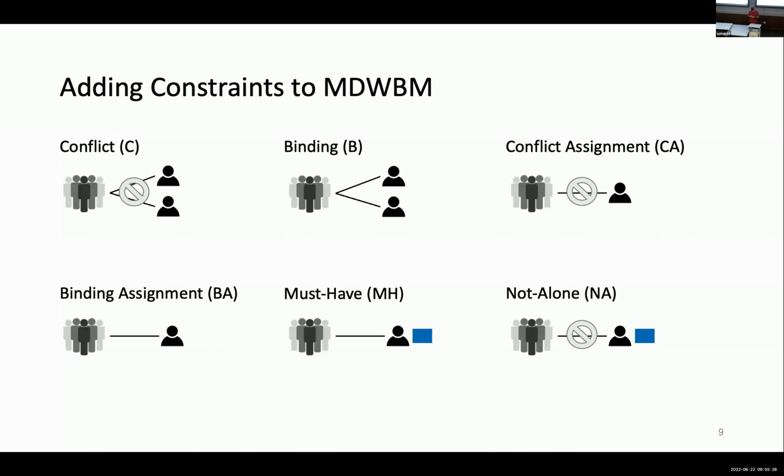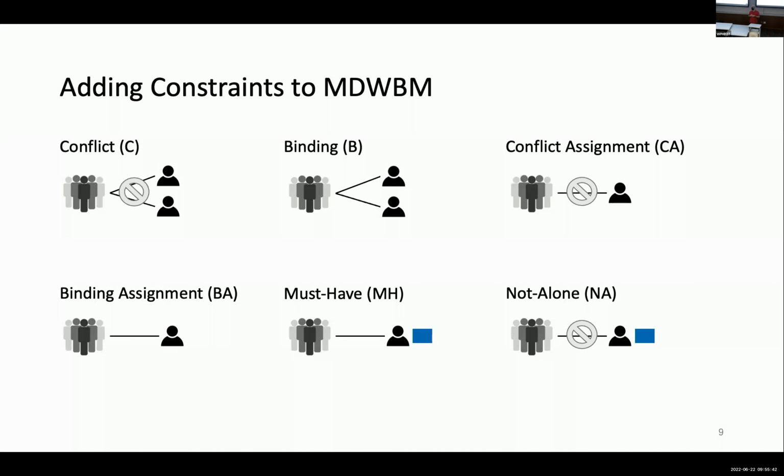A must-have, so in this case, every team must have a person with a particular feature value. So in an engineering project with students, maybe we want to have somebody who knows how to program on every team that we're actually trying to assemble.